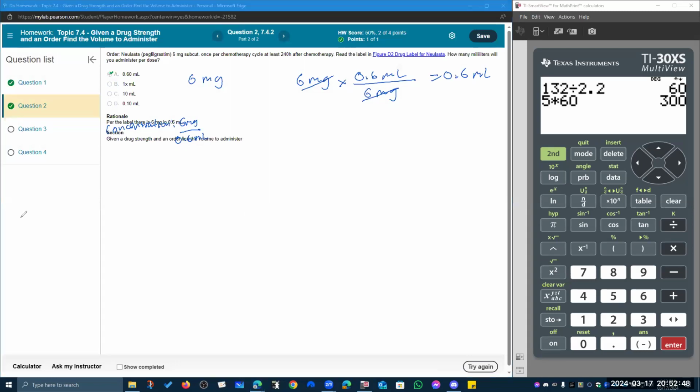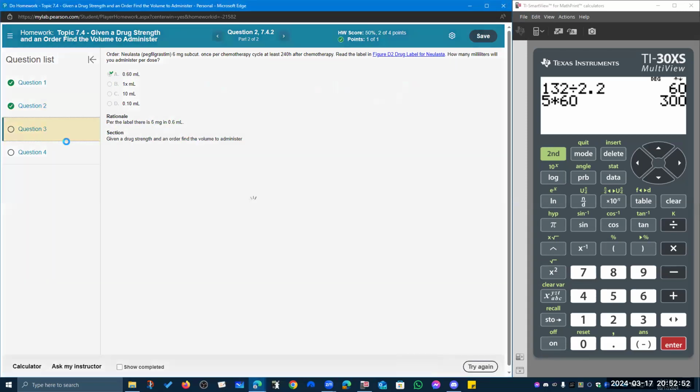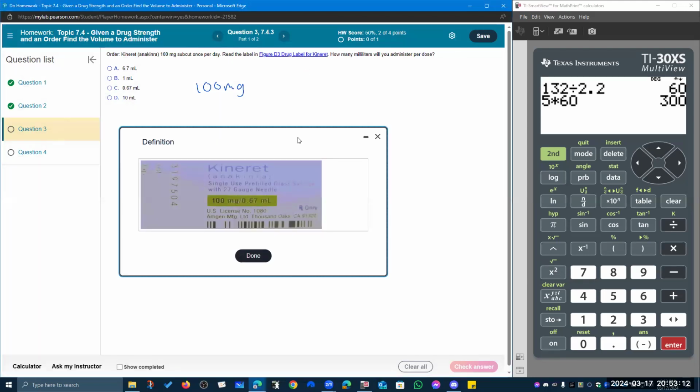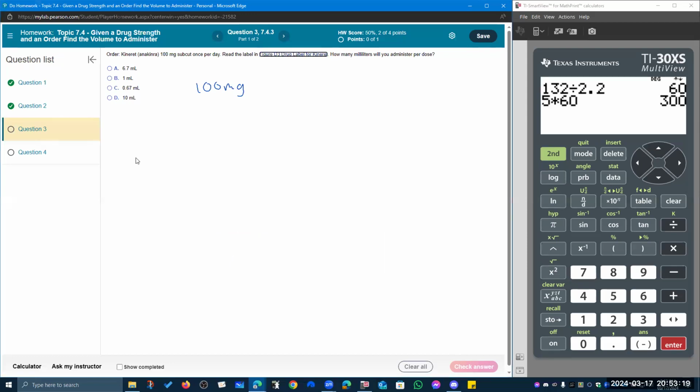Clear the drawings and look at the next problem here. Order for this drug is 100 milligrams subcutaneous once per day. How many milliliters will you administer per dose? Let's look at the concentration that's on the label, and it says that it's 100 milligrams for 0.67 milliliters.